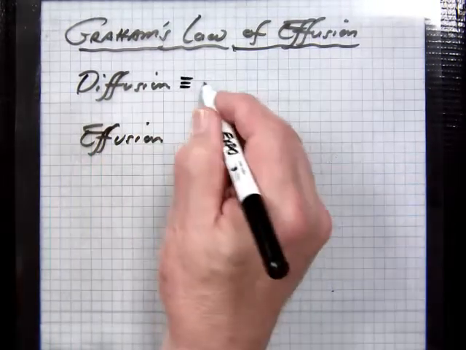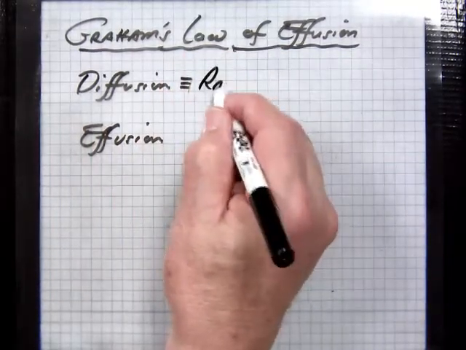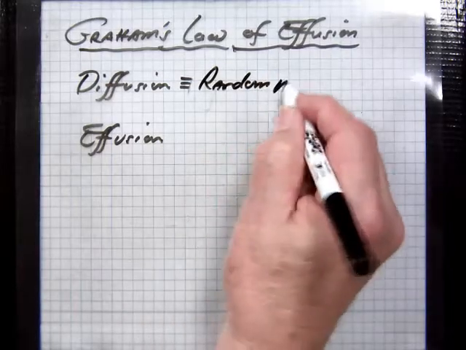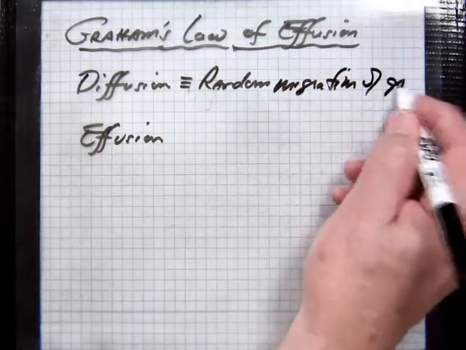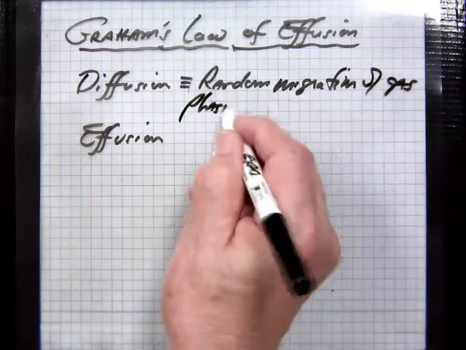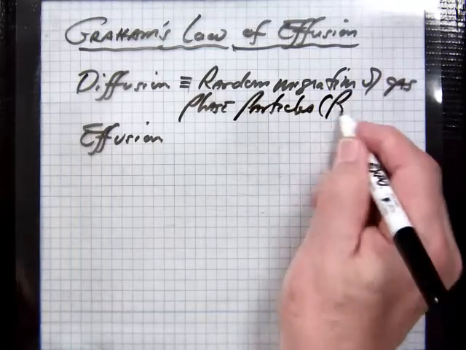Diffusion is the random migration of gas phase particles. It's called Brownian movement.